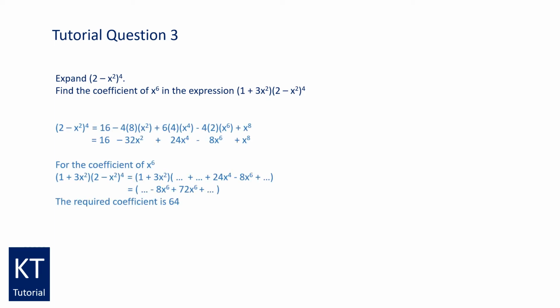Again, we'll leverage Pascal's triangle to expand (2 minus x squared) with the order of 4, with particular interest in the coefficients of its x to the power of 4 and x to the power of 6, as these would multiply against (1 plus 3x squared) to obtain the required total coefficient of x to the power of 6, which comes to 64.